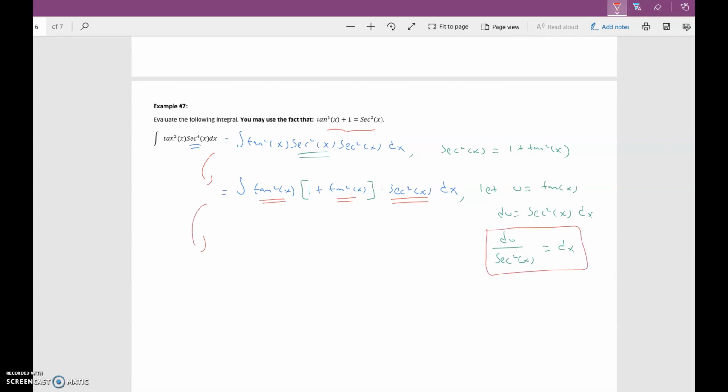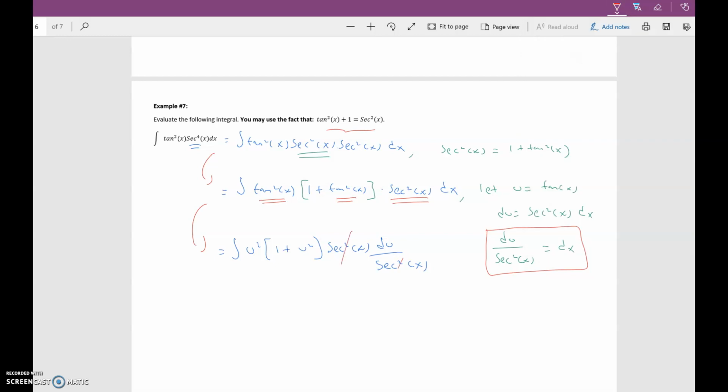So at this point, let me rewrite this one, and we're going to have the integral. This is now u squared times 1 plus u squared, and you still have the secant squared of x. Your dx is du over secant squared of x.